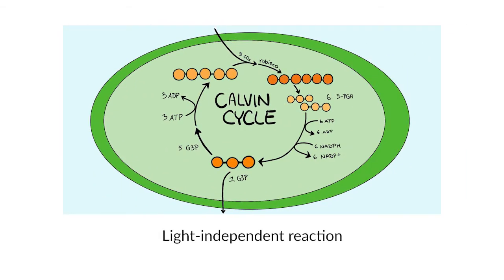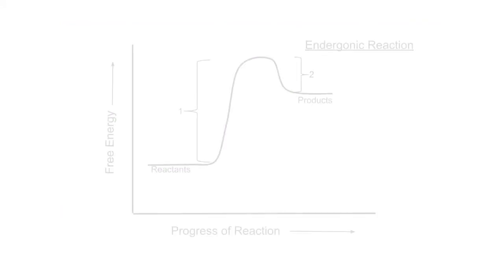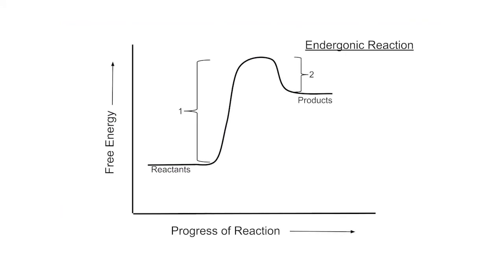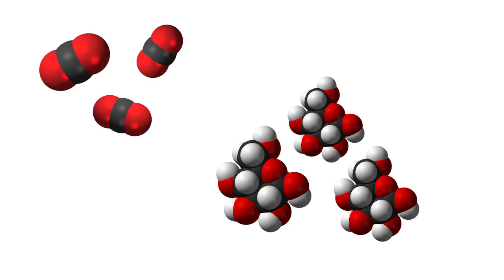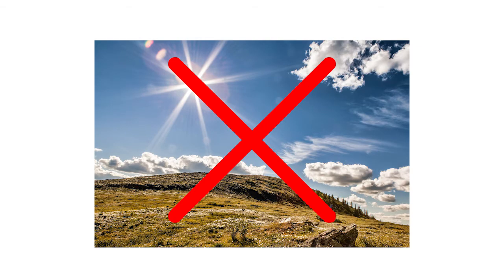These energy-carrying molecules are then used in the light-independent reactions, or the dark reactions, to drive the energetically unfavorable process of assembling sugar molecules from carbon dioxide. The dark reactions are called dark, although they still occur in light, because they do not depend on sunlight for them to occur.